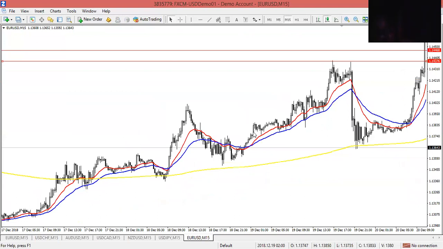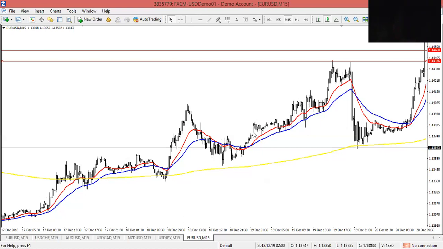I want you to pay attention so that you can actually get what I'm trying to say. On the 1 hour chart, the red and the blue just crossed the yellow line. But we don't have a confirmation yet.